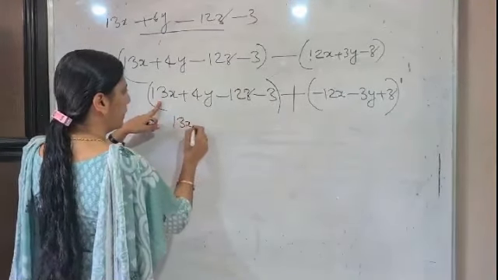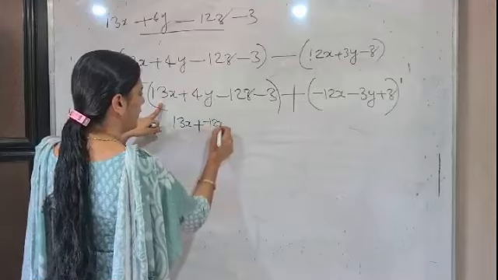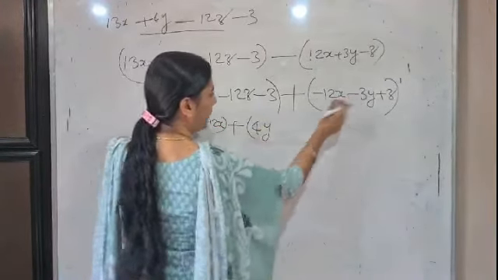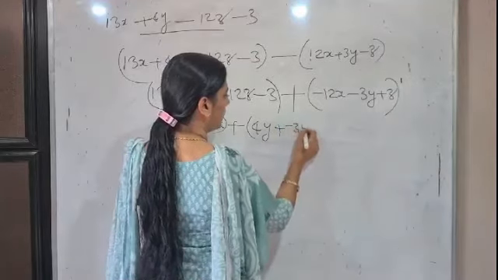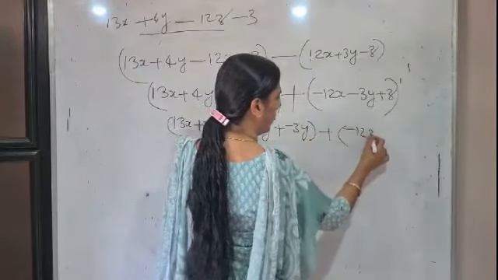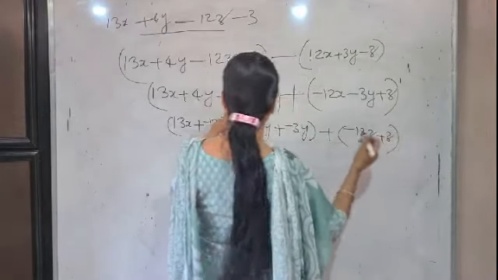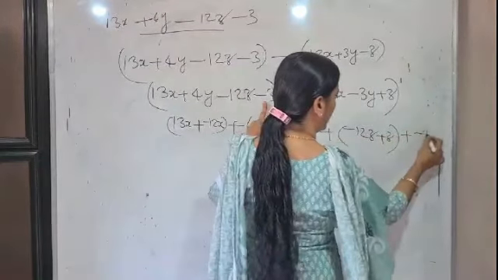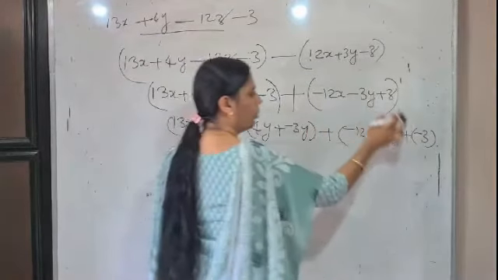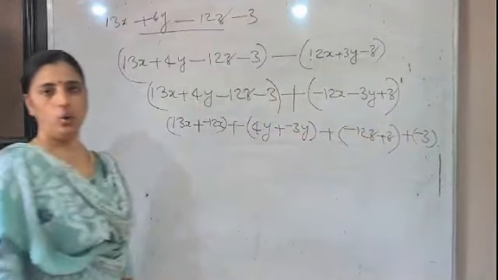Now you do as our normal addition. 13x plus negative 12x plus 4y plus negative 3y plus negative 12z plus z plus negative 3. Here no constant term. Here negative 3, but here no constant term. So negative 3 alone.